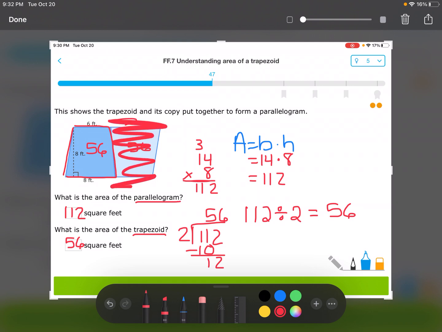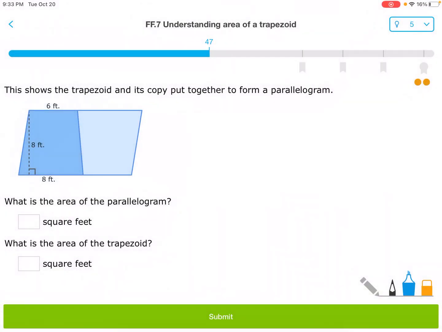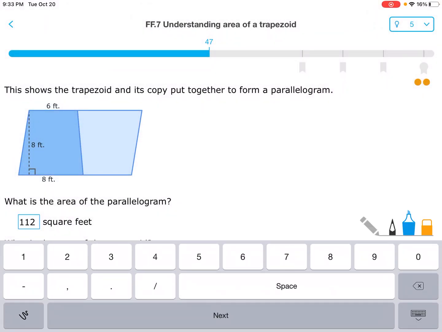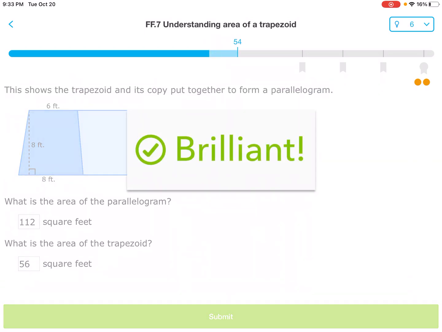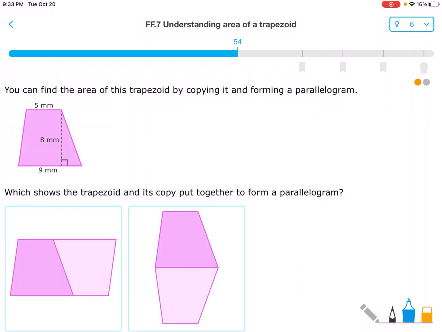But remember, the question really is just wanting to know the area of one trapezoid. So if I go back, input my answers. There you go. Okay. I'll do one more example like this.